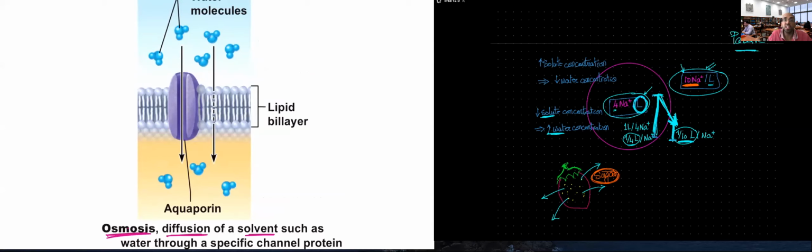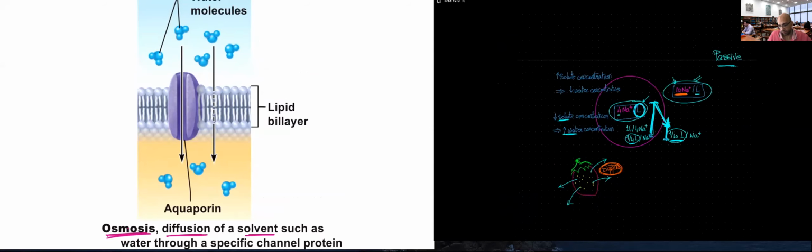Because you cannot allow the solute to travel. If I had channels for the sodium, I would have no trouble. But because the membrane is not permeable to the solute, the water is the one that's going to be moving. Right. Is this clear?